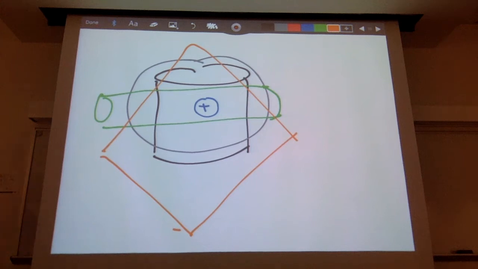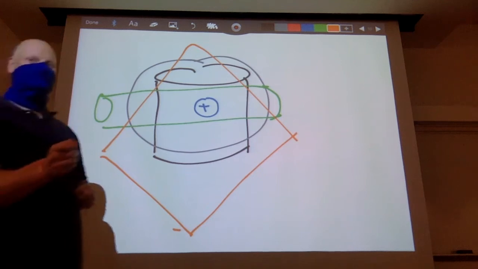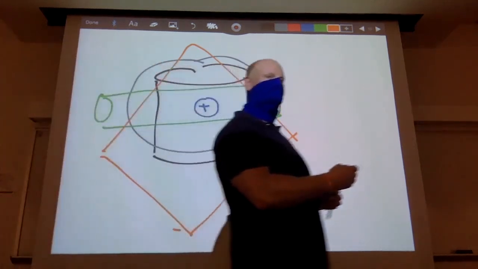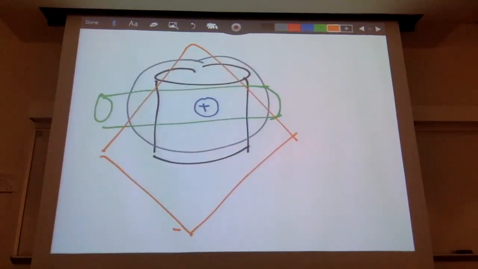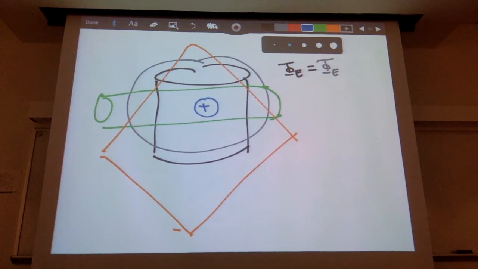This is what Gauss's law tells me, because the flux only depends on the charge which is enclosed, not the shape I draw. It is completely arbitrary. So the flux through the black shape is equal to the flux through the gray shape, which is equal to the flux through the green shape, which is also equal to the flux through the yellow shape. All of these are exactly the same.